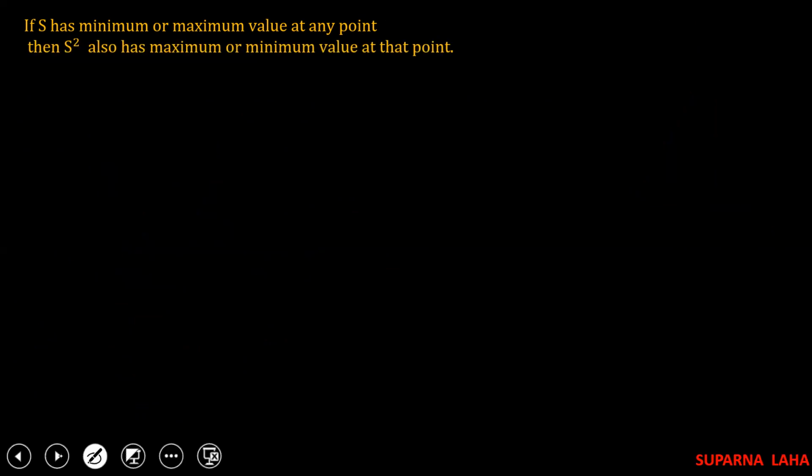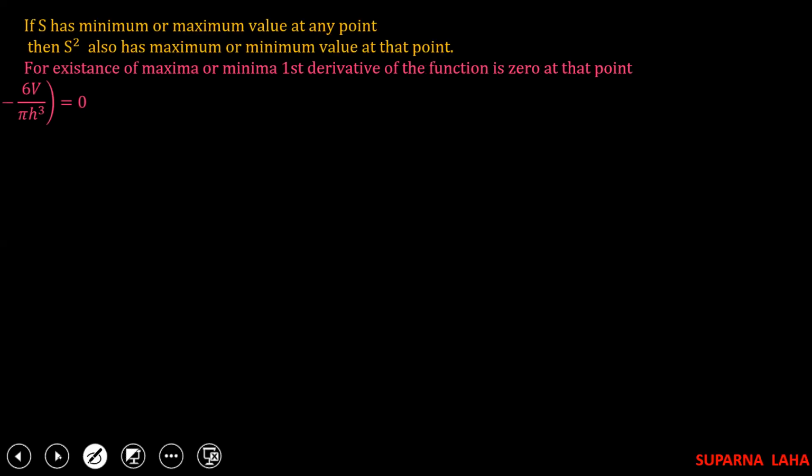So let's find it. Now we already know that if S is maximum or minimum at a point, then S square is also maximum or minimum at the point. Then take this first derivative, d by dh of S square is 0. So from this function I can say this is constant, so no need to calculate it.